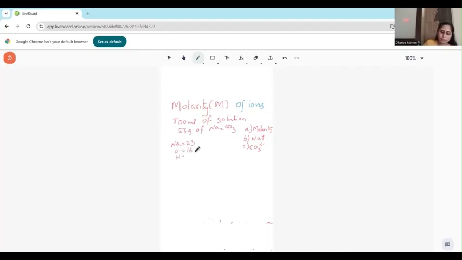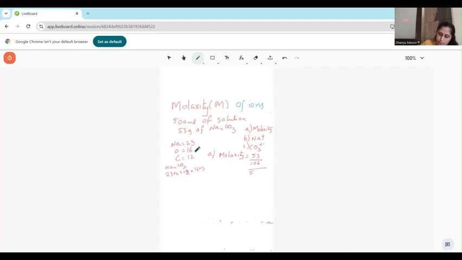Okay, now the first part of the question is I need to find the molarity. Molarity, you will be knowing the formula: number of moles of solute over volume of the solution in liters. So I'll do it directly. Molarity is moles of solute, 53 over the molar mass of sodium carbonate, which is 23 times 2 plus 12 plus 16 times 3, that comes to 106, over 500 milliliters, but I need to make it into liters, so divided by 1000.